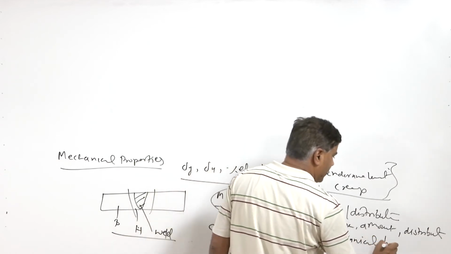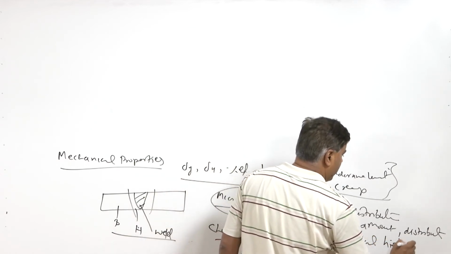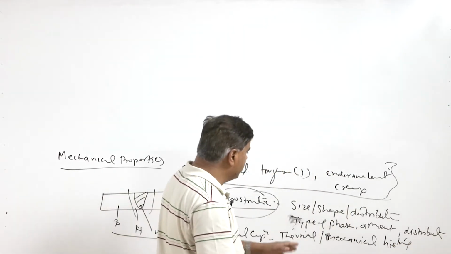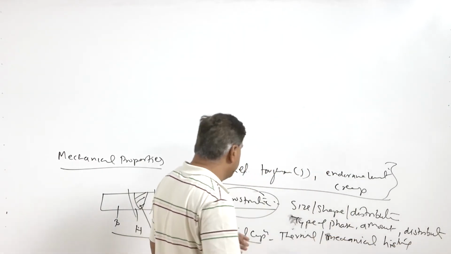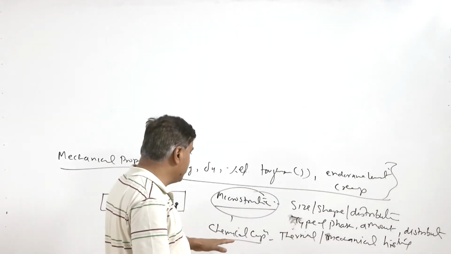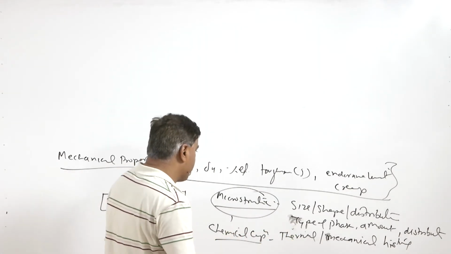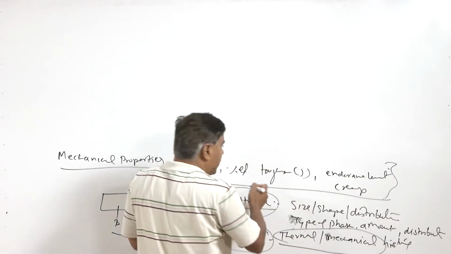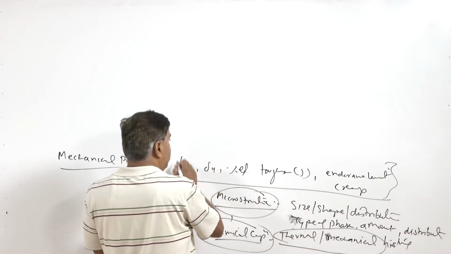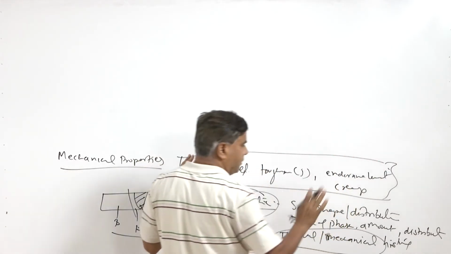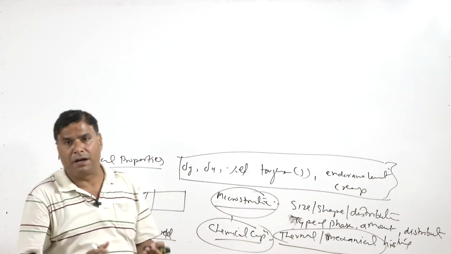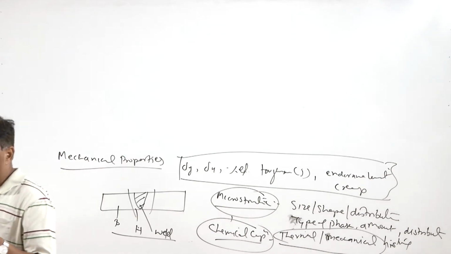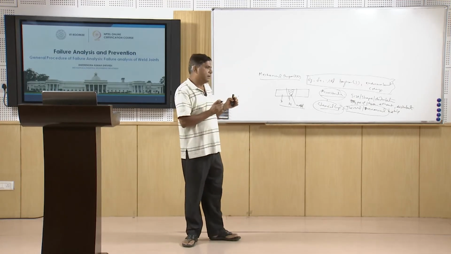The variation in thermal and mechanical history of the component, either during service or during manufacturing, apart from the chemical composition, will govern the microstructure, and microstructural variation will affect these mechanical properties, which in turn will determine how effectively a weld joint will perform in service.